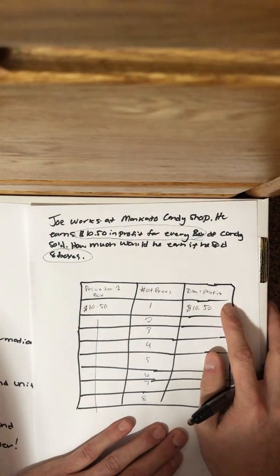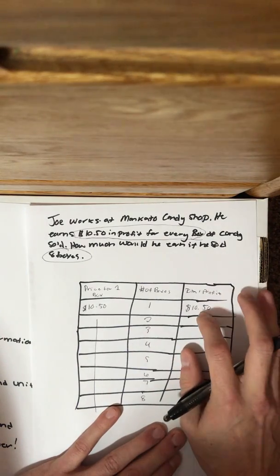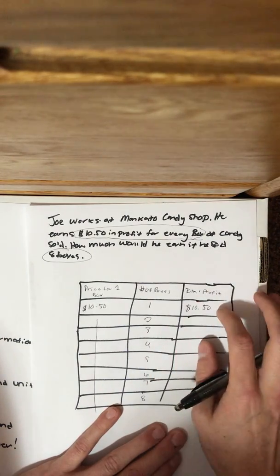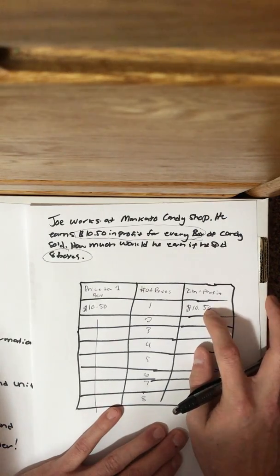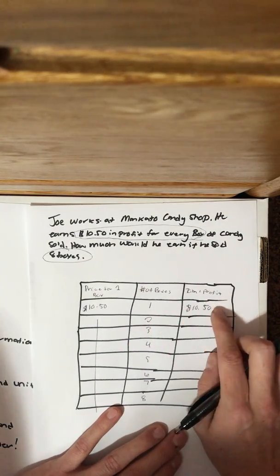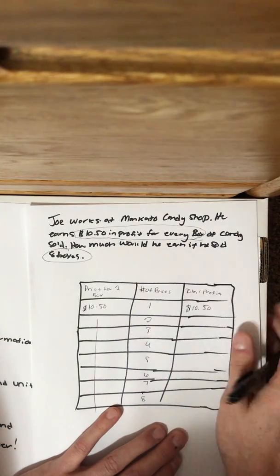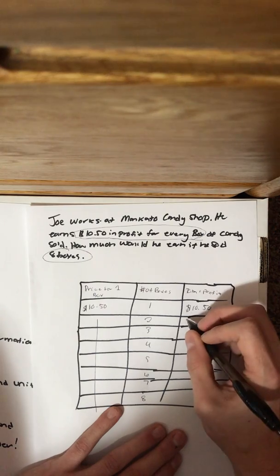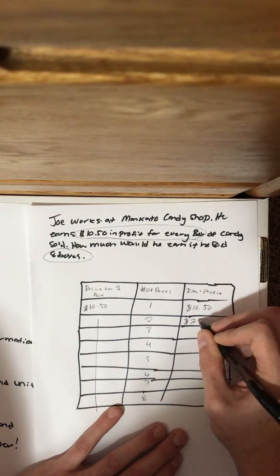Now to get the total for the number of boxes all the way down, it's kind of simple. We can either add this number onto the next one, or we can do a little bit of multiplying. We'll just double the first one to get 2 boxes, because 2 boxes would be double the amount of 1 box. So 2 boxes would be $21.